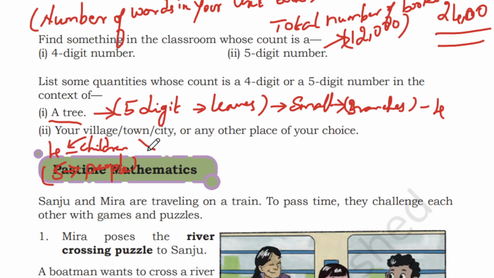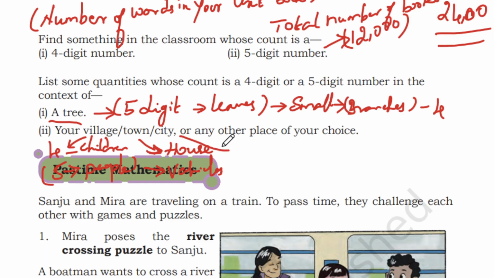And town, if it's a big town, you can write in 4-digit number the number of houses, and in 5-digit number you can write the number of vehicles.